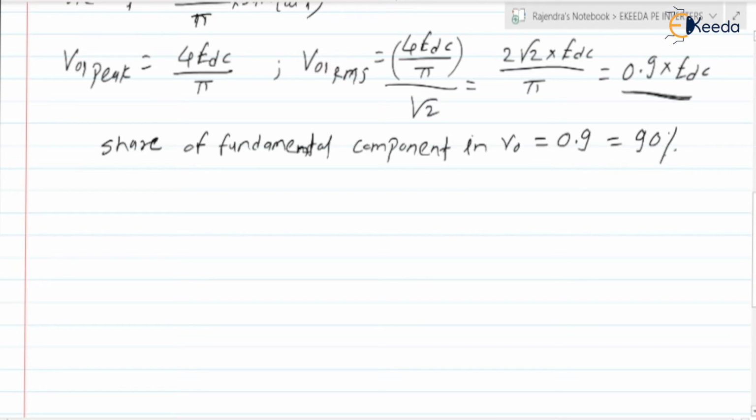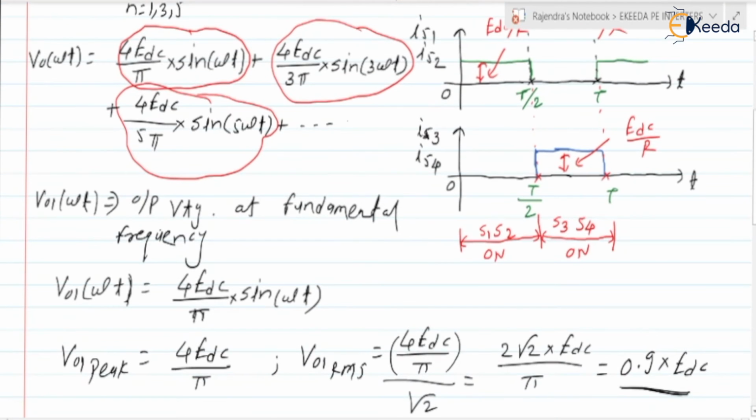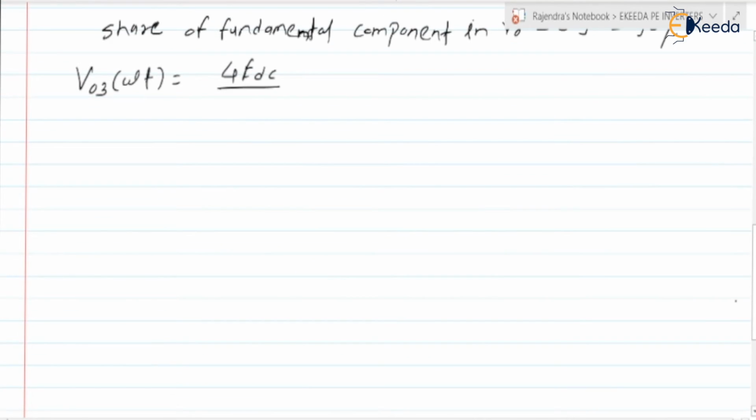Next, similarly, can we write for v03 of omega t? If you check v03 of omega t, it is 4 EDC by 3 pi into sine of 3 omega t. So therefore v03 peak value is 4 EDC by 3 pi.